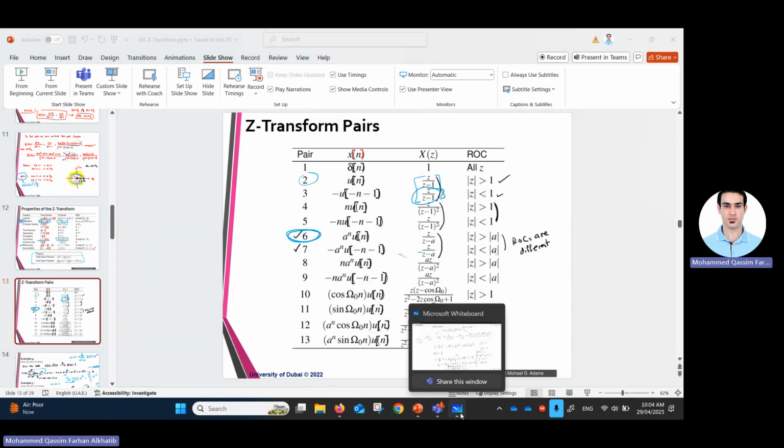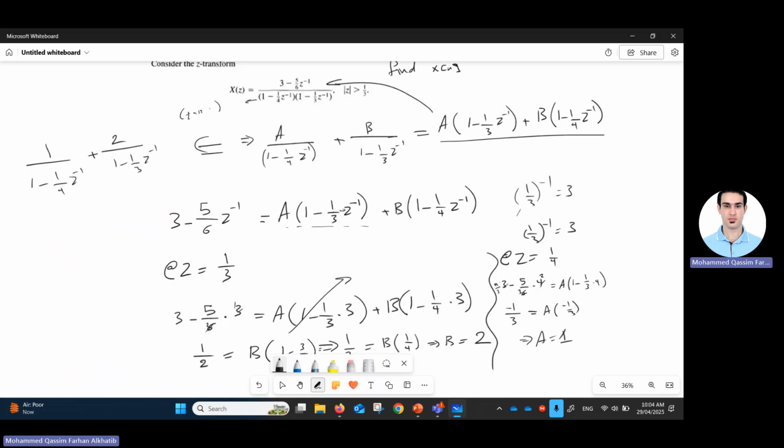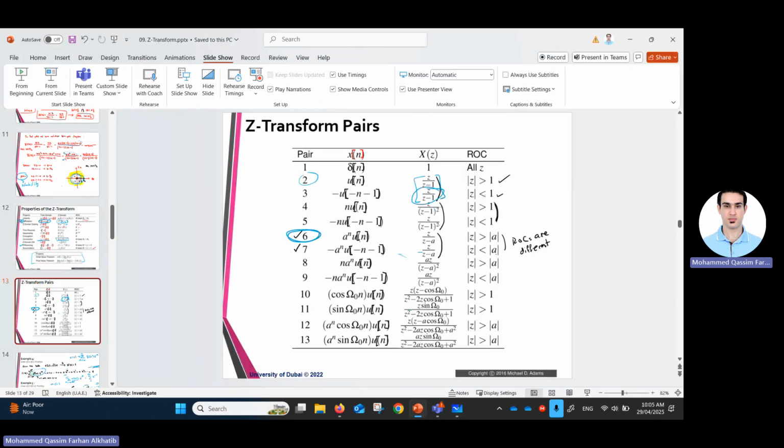So we'll go back here. Multiply by z over z and multiply by z over z. So I have z over z minus 1/4 plus 2 times z over z minus 1/3. I believe this expression is found there. Not step functions, in fact, but exponents.